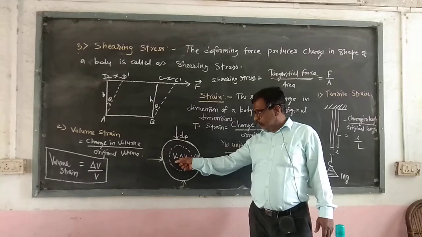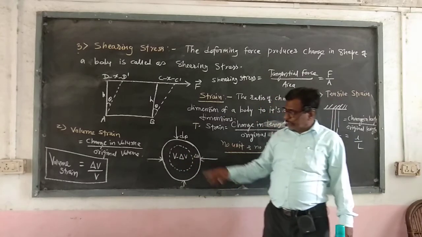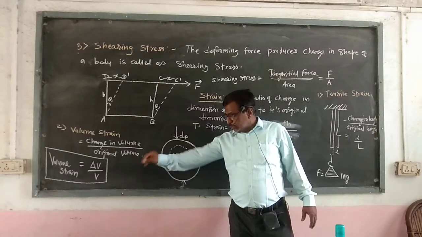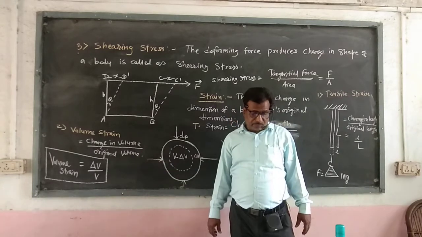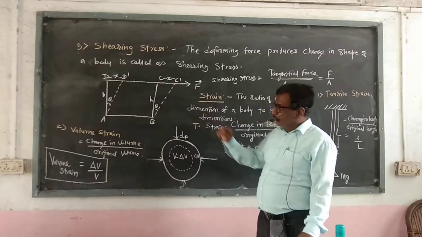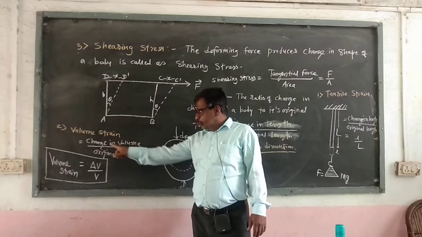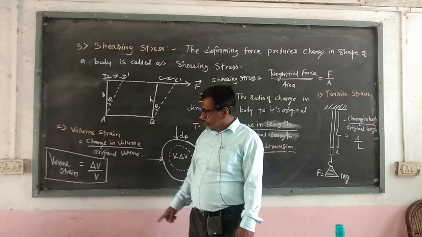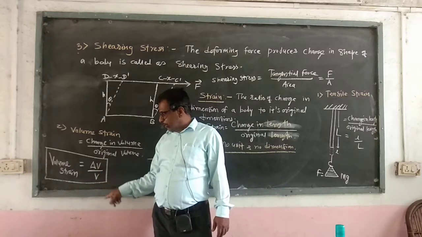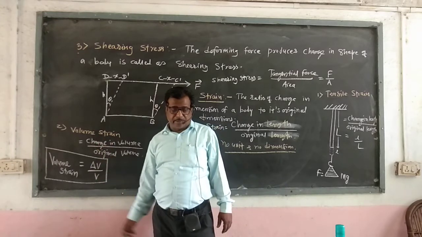Suppose V is the original volume and delta V is the decrease in volume. So volume strain is the ratio of change in volume per unit original volume. So it is equal to delta V divided by V. It is the formula for volume strain.